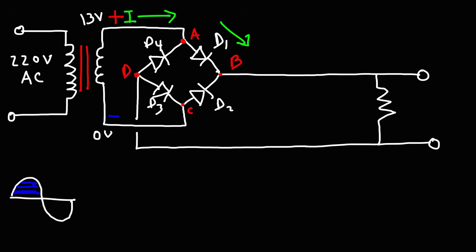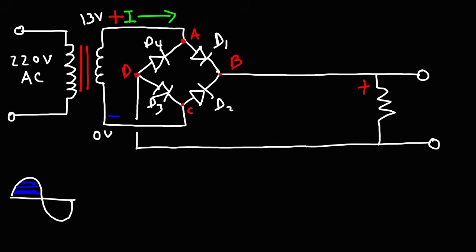As current flows from A to B through D1, it's going to flow through this resistor and then to point D. Now from point D, it's not going to go back to point A because it makes no sense. So the only logical place it can go to is through D3 to point C, and then back to the negative terminal. So that's going to be the flow of current during the positive half cycle of this circuit.